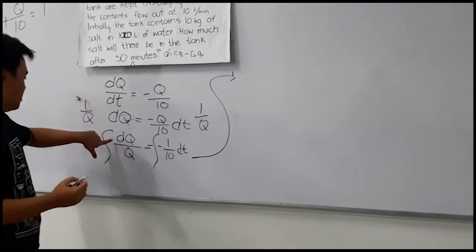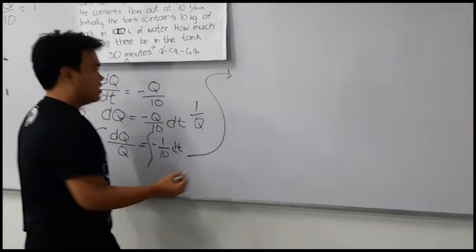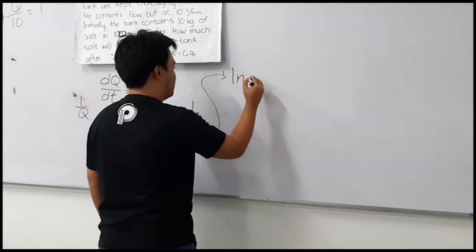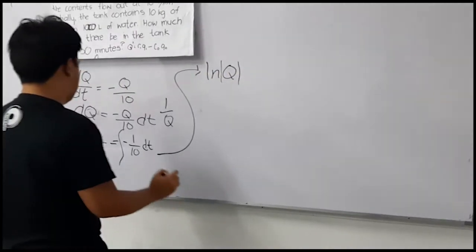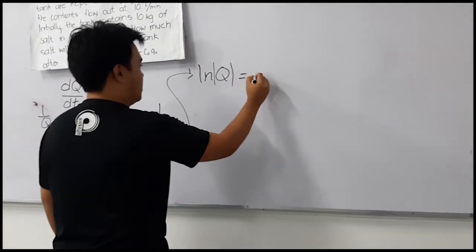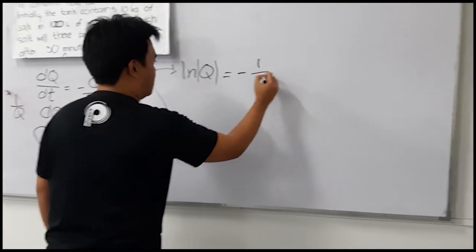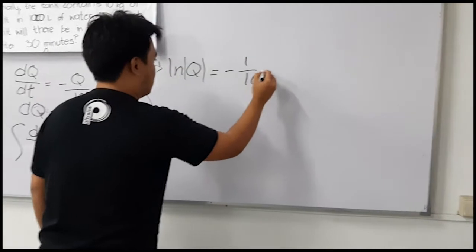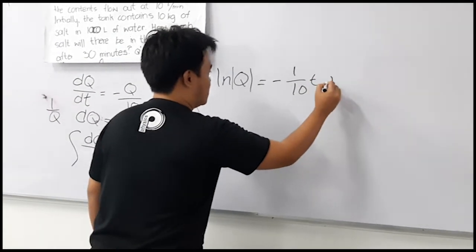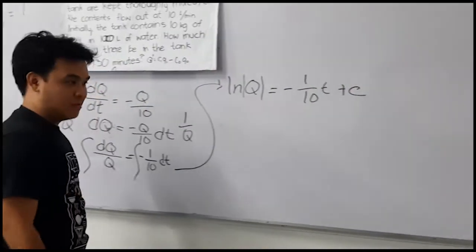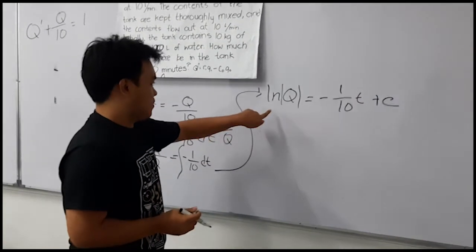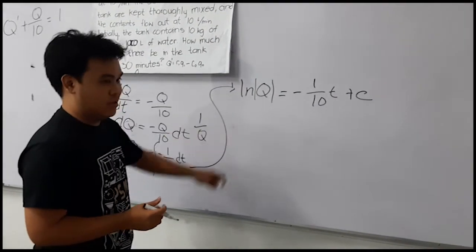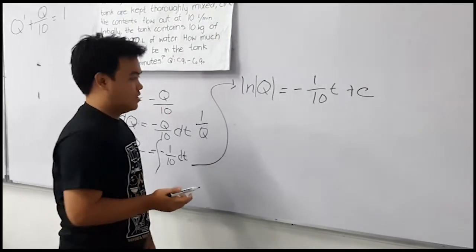When we integrate dq over q, we know that ln of q is equal to negative 1 over 10 t plus c as our constant of integration. So to get q, we will use the exponential function.